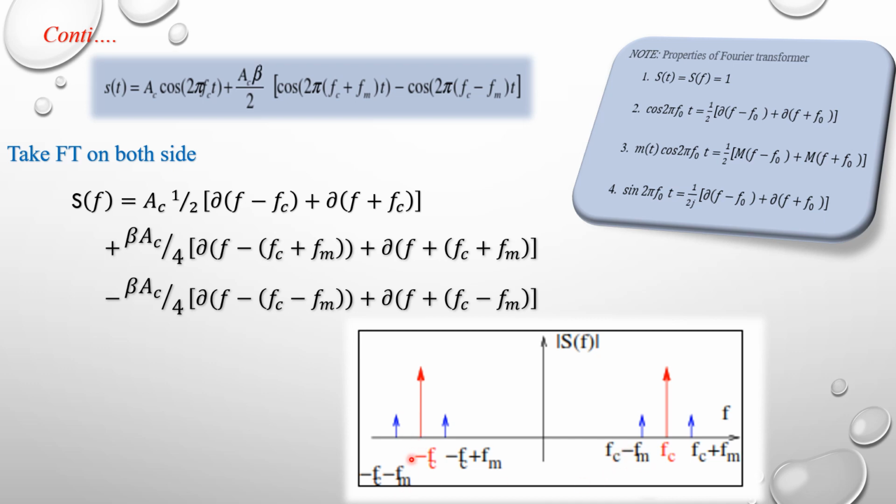With respect to negative, the lower sideband is minus fc plus fm and the upper sideband is minus fc minus fm. This is with respect to the positive carrier frequency or positive reference, and this is the negative carrier reference.